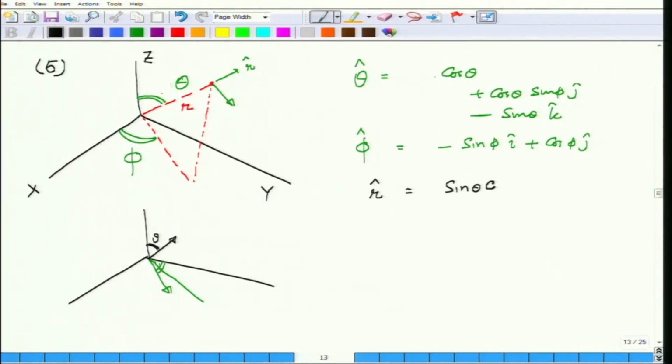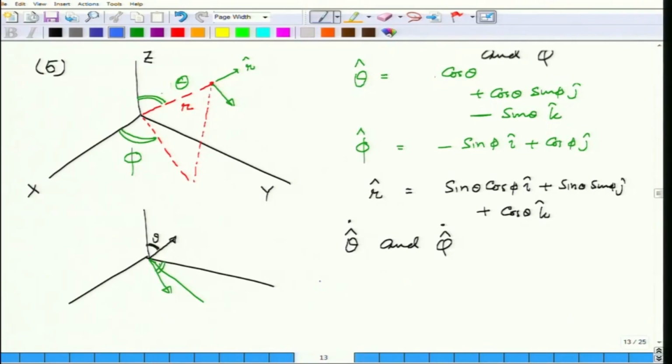So sine theta cosine phi i plus sine theta sine phi j plus cosine theta k. And what I want to do in this problem is find theta unit vector dot and phi unit vector dot.